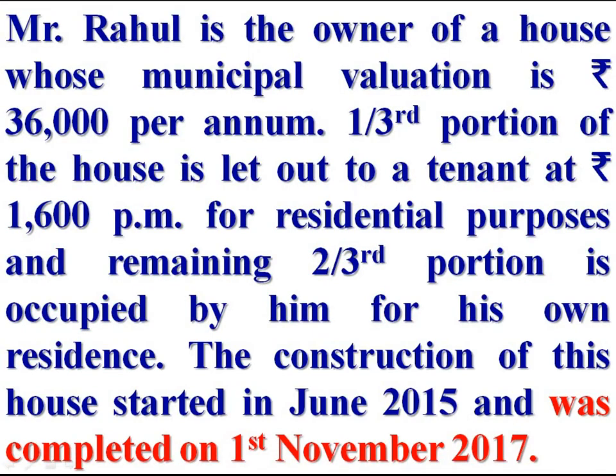And in this problem, for the entire house, there is interest on loan. On the screen, as the last sentence, we can read, the construction of this house started in June 2015 and completed on 1st November 2017. The date of completion was on 1st November 2017. Date of completion 1st November 2017.